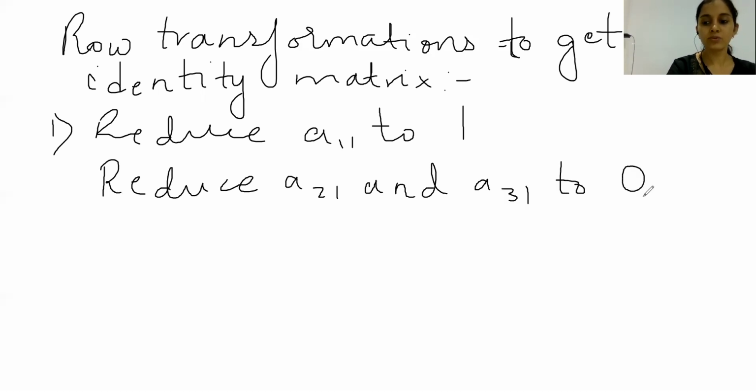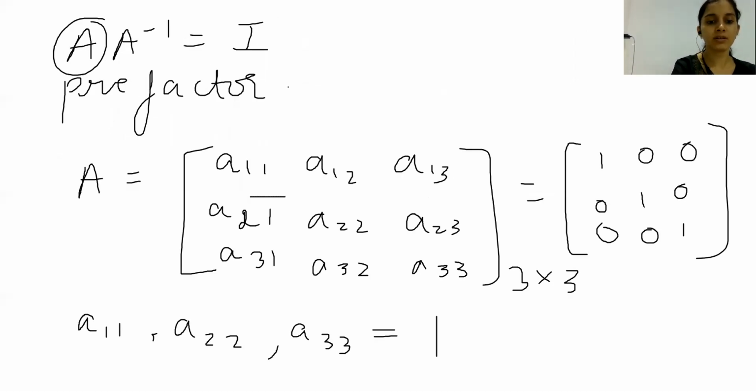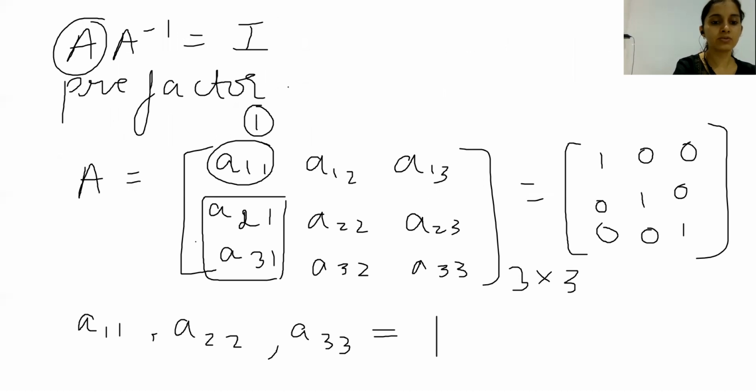So the first goes first, then we reduce these to 0. This goes second, A21 and A31 to 0.